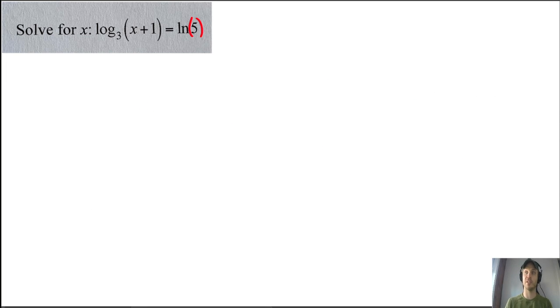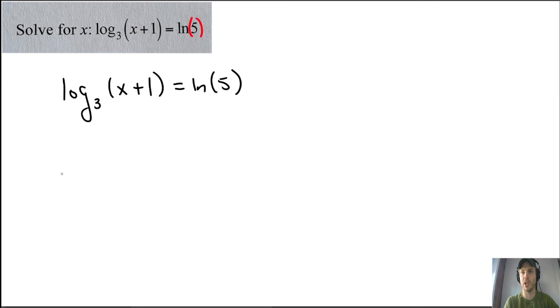Okay, so this is what you'll write down when you solve this. Let me use a less spicy color. Go black. All right, so start off by writing the equation. If you're being a super extra cool guy, you would do 3 to the log base 3 of x plus 1 equals 3 to the log of 5.